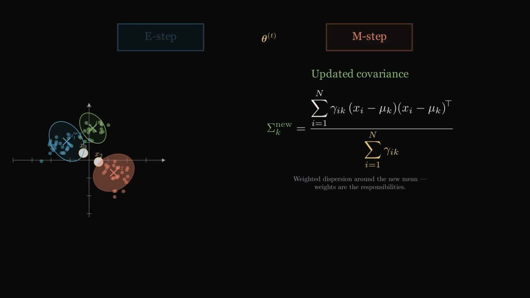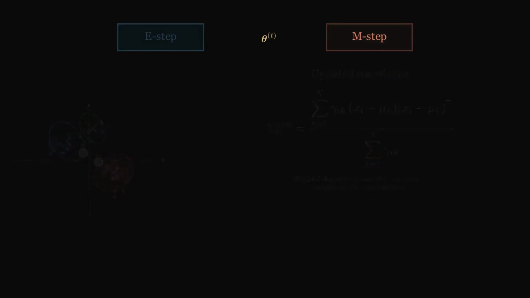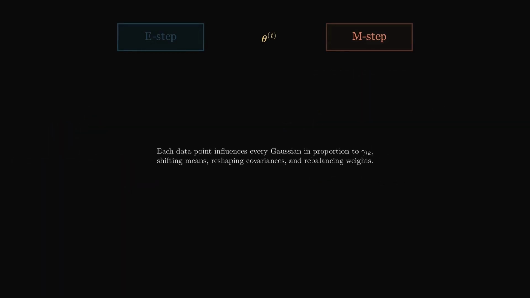We write sigma_k equals the sum from i equals 1 to n of gamma_ik times (x_i minus mu_k) multiplied by (x_i minus mu_k) transpose, divided by the sum from i equals 1 to n of gamma_ik. Intuitively, each data point influences its Gaussian component in proportion to gamma_ik, causing the distributions to shift and adjust their spread according to the data.